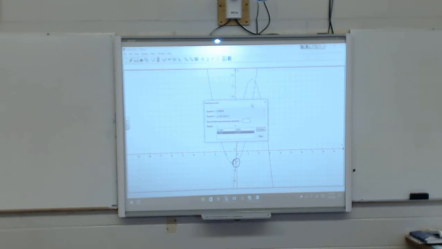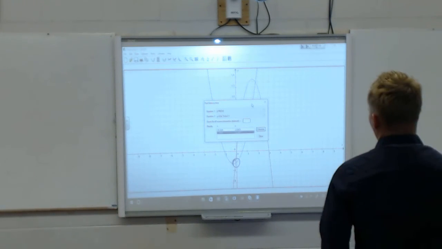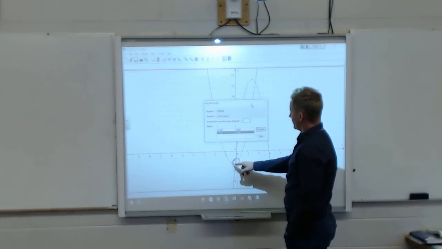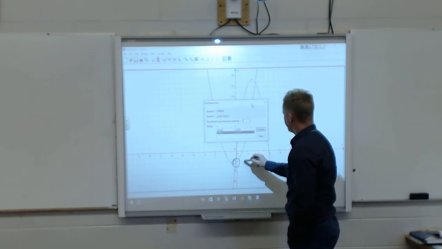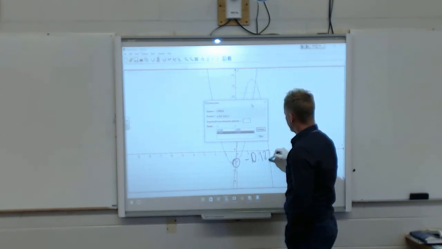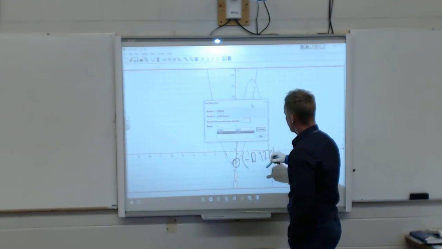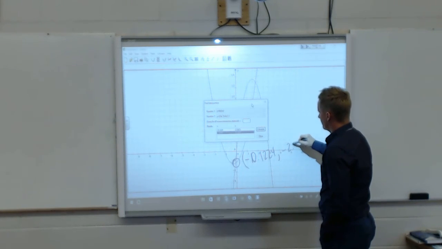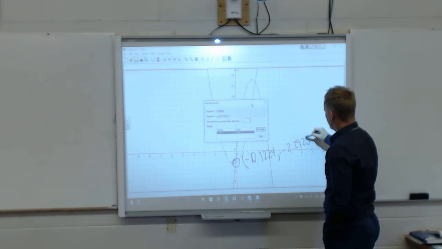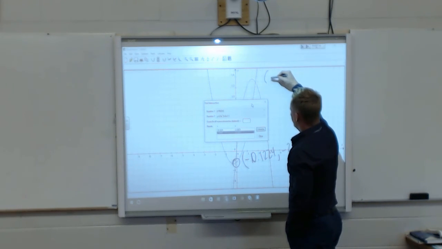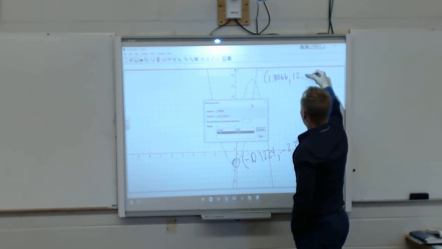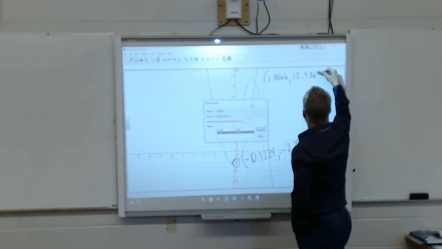Okay, so the two calculation points, it's hard to read right here, I'll write it down. The guy up here is 1.8066 and 12.9361.